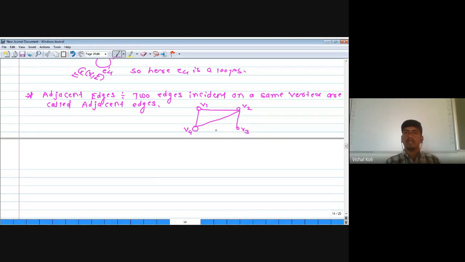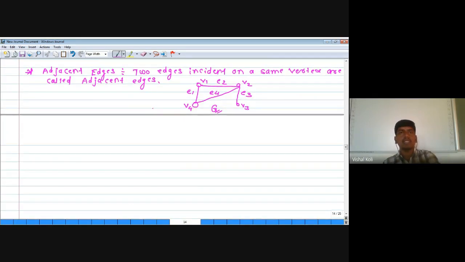So this will be the graph G. Edge E1, E2, E3 and E4. Now we have to see which of those are the adjacent edges. As here edge E1 and E2 are incident on a same vertex V1, which implies E1 and E2 are adjacent edges.